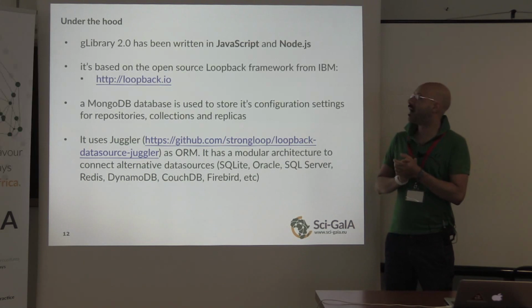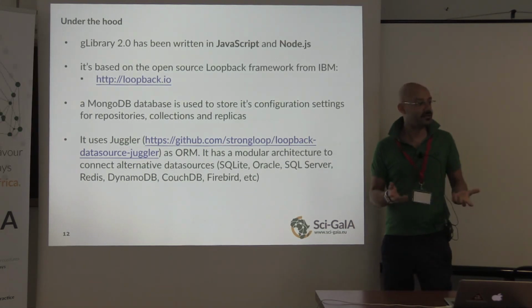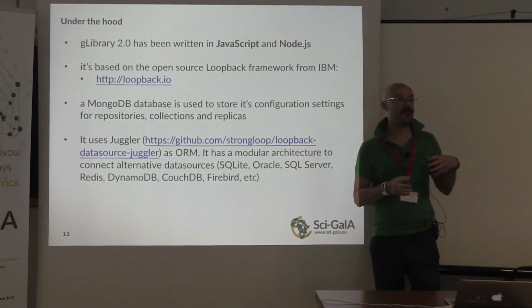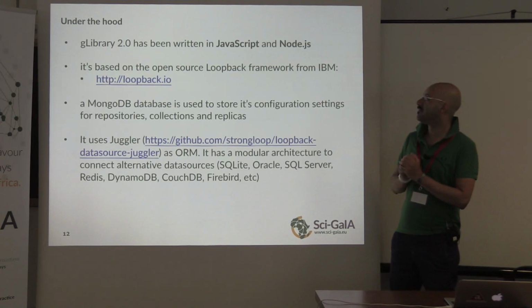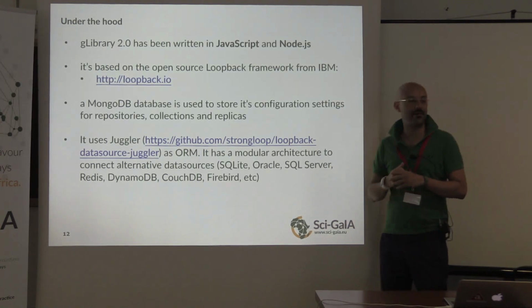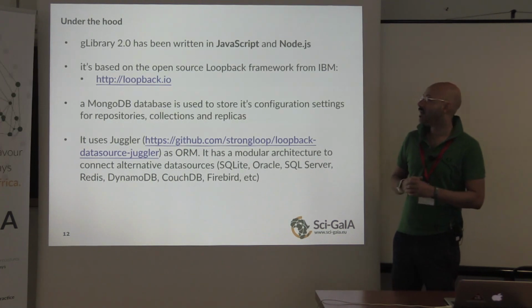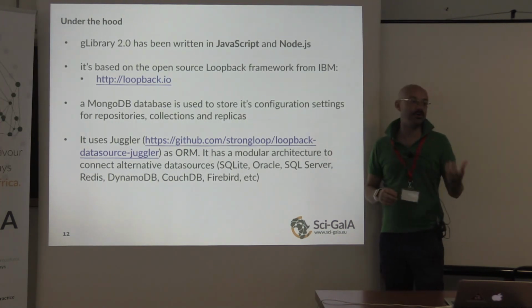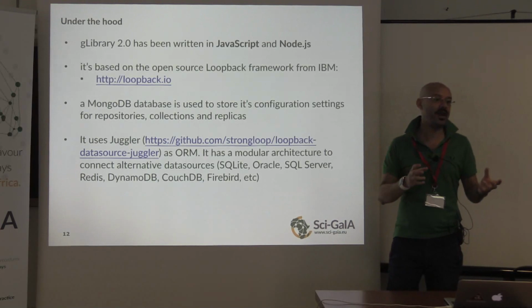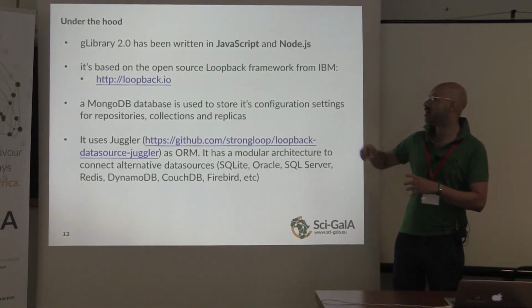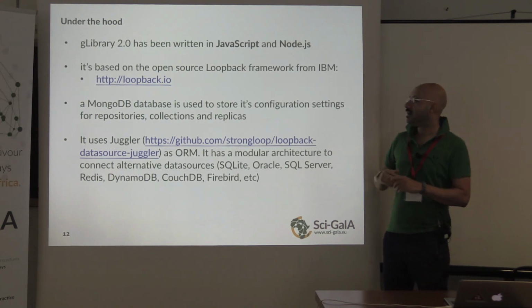GLibrary 2.0 has been written in JavaScript, as you have imagined, and using Node.js. Actually, it's based on a well-known framework called Loopback, which was recently acquired by IBM. We also use MongoDB to store all the configuration, the mapping between collections and databases, and replicas, and so on.